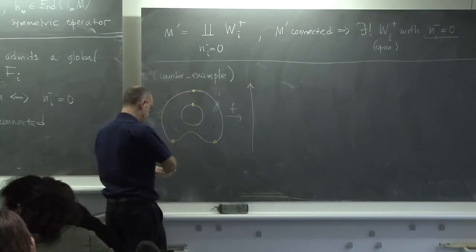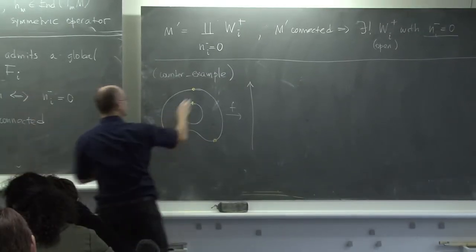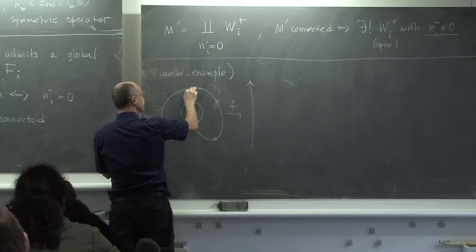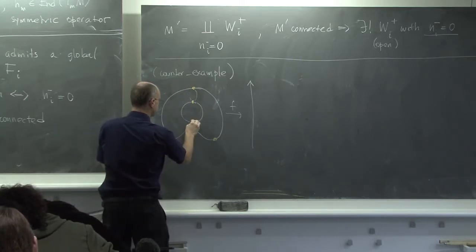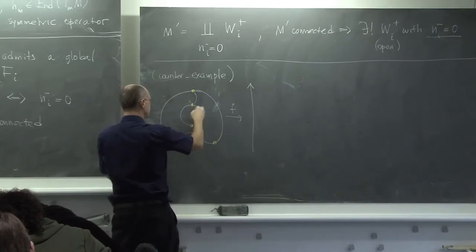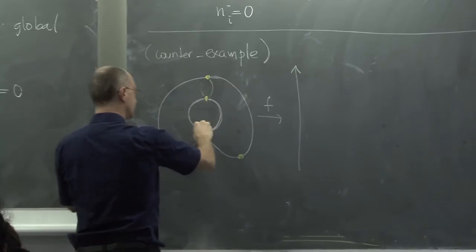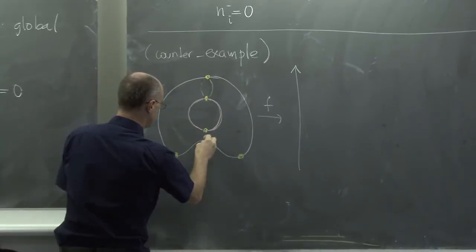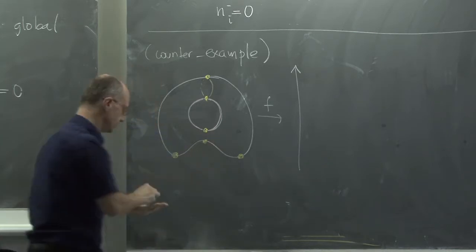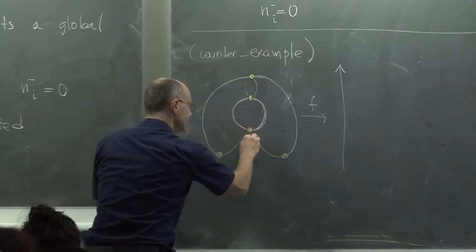The stable manifold of that one is as before, that's this. Finally, the stable manifold of this one is this.